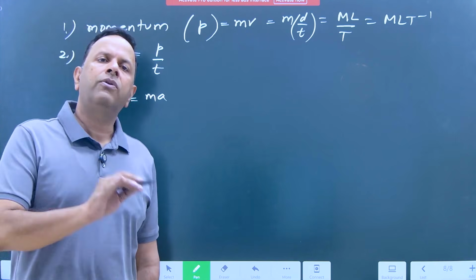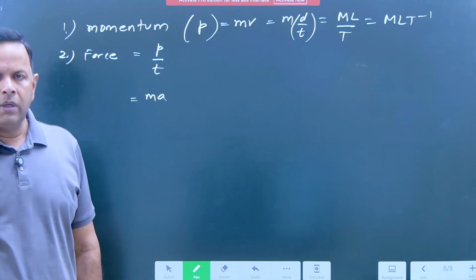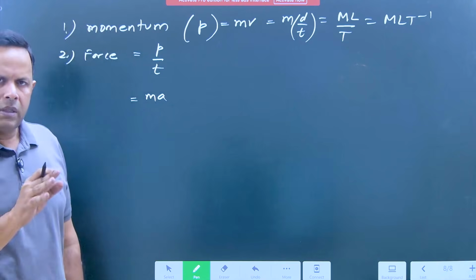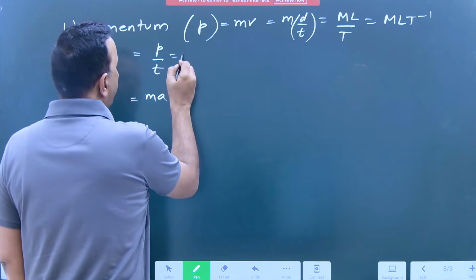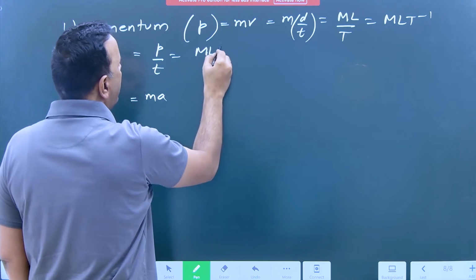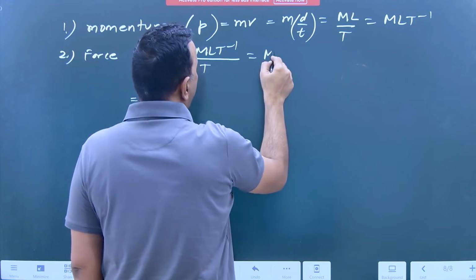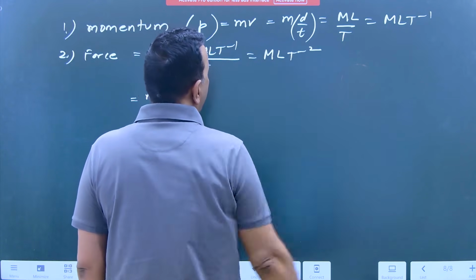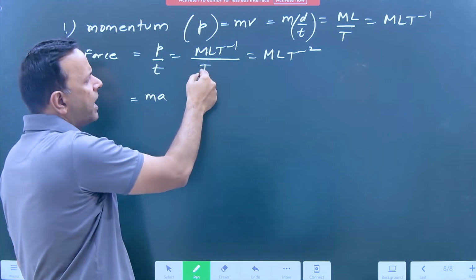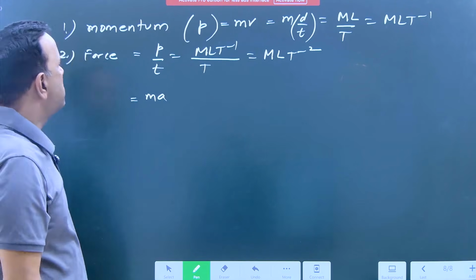It's not like one formula will give you the correct result and the other an incorrect one. It will never happen. No matter through which formula, if you approach the fundamental quantities, results will be the same. If I write momentum upon time, momentum I already wrote as MLT minus 1, divided by T. So that will make it MLT minus 2. This T goes up and its power becomes minus 1, so minus 1 becomes minus 2.